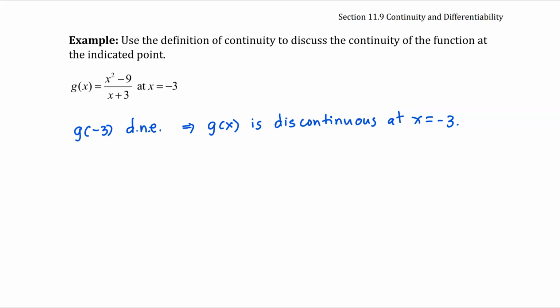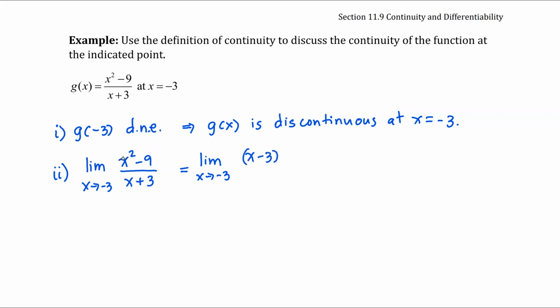But then if you want to go ahead and look at the other condition, which is the limit of the function as x approaches negative 3, you can compute the limit of x squared minus 9 over x plus 3 as x approaches negative 3. You can obtain the limit by simplifying the function by factoring. You can factor the numerator as x minus 3 times x plus 3, divided by x plus 3.